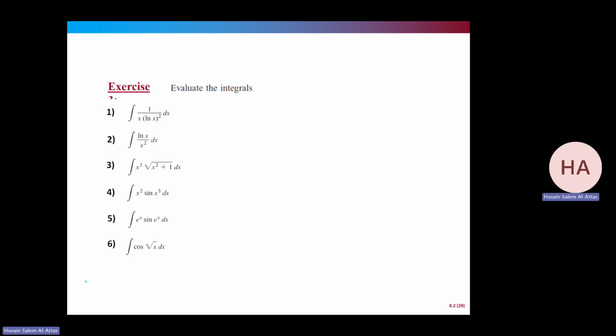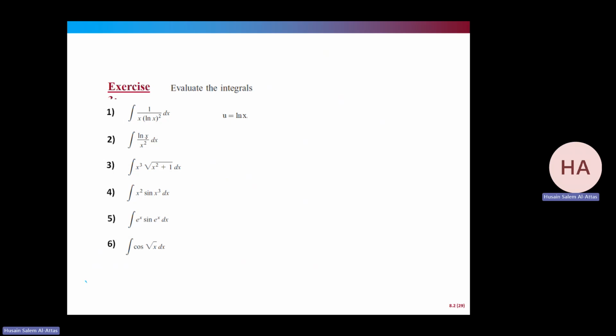The first one, what I will do. If I take this as u, then this is du. So very clearly it will be by substitution. That's it. No by parts here, just substitution.